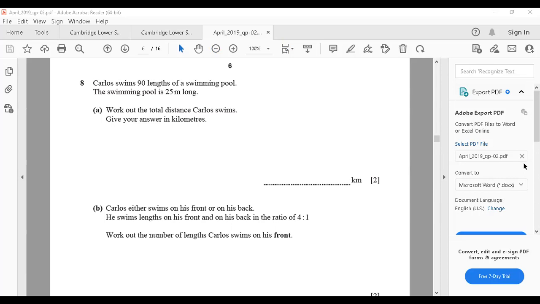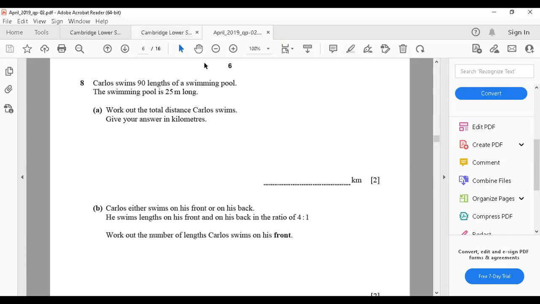We said that one length equals 25, and he repeated this length 90 times. So it will be 90 multiplied by 25. 90 multiplied by 25 equals 2250.